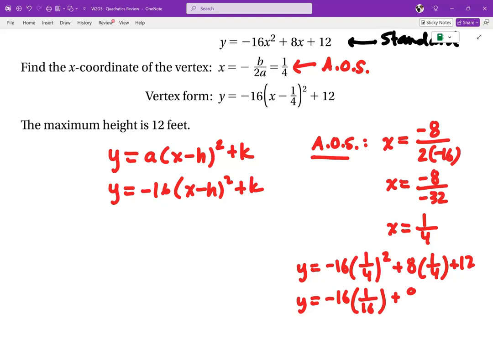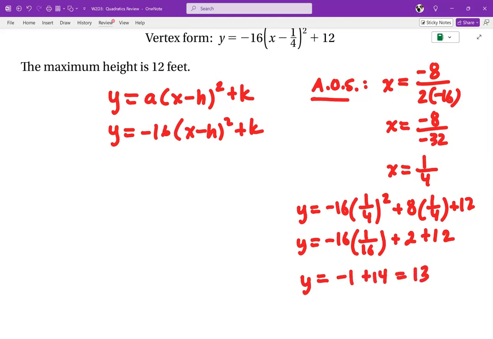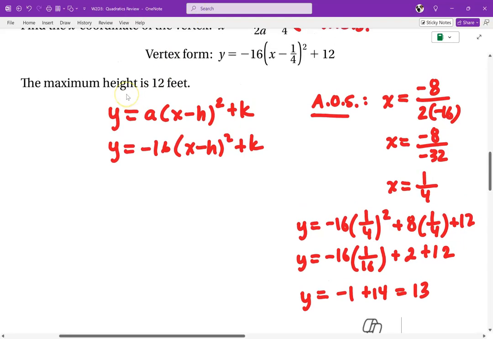And then 8 times a quarter is 2. And then I have a 12 there. So this basically becomes a negative 1 plus 14, which is 13. What did they write as K? They wrote 12. That's wrong. So it's a 13.